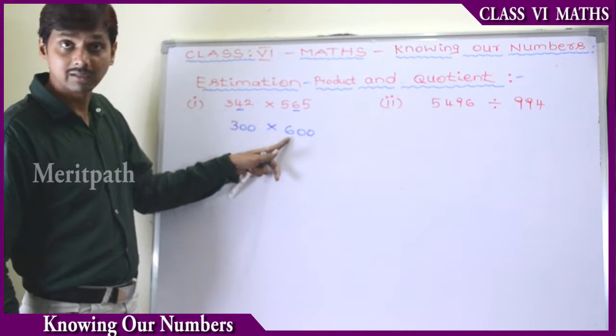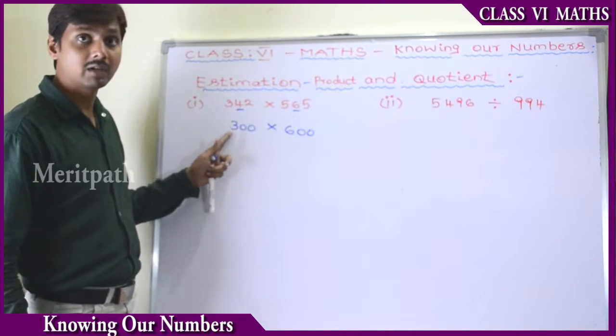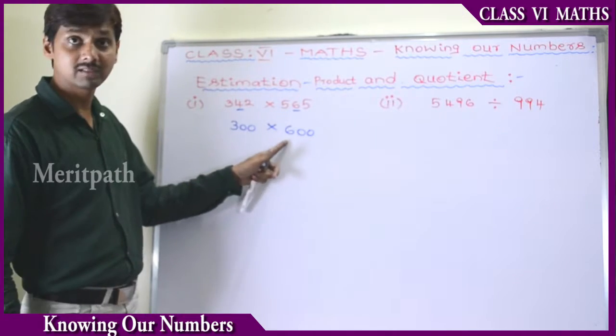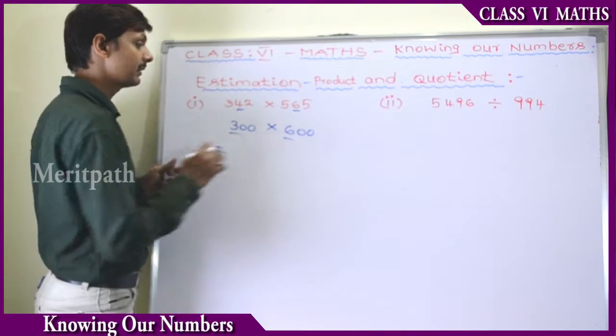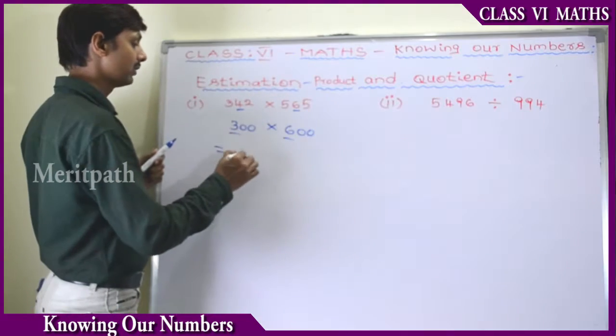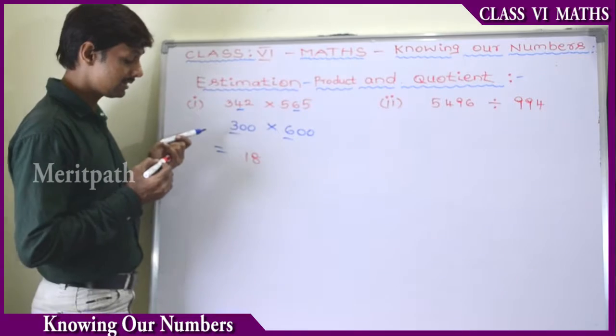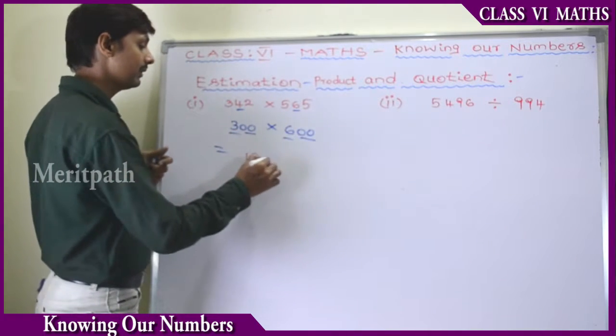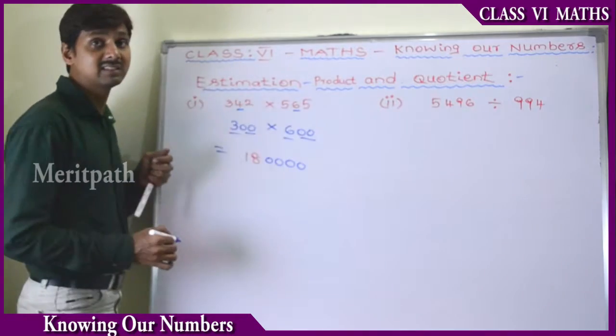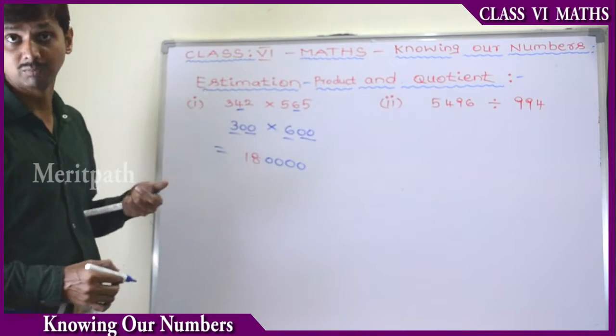Now we'll multiply 300 into 600 after rounding the digits. This is 3 into 6, we'll be getting 18. And here we have 4 zeros present: 1, 2, 3, 4. This is the estimation of the product of these two numbers.